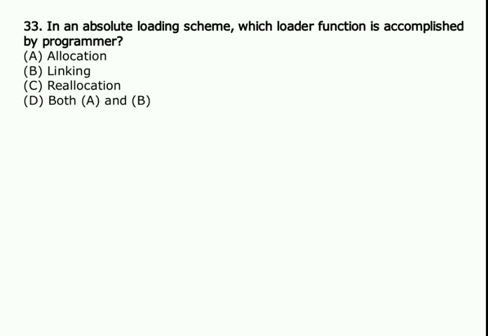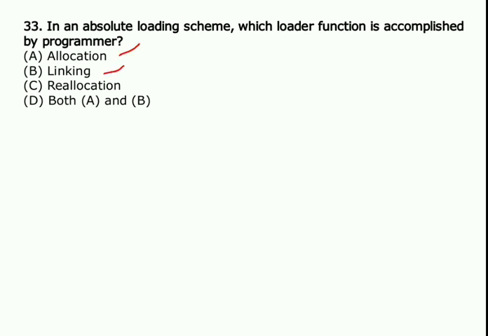In an absolute loading scheme, which loader function is accomplished by the programmer? In the absolute loading scheme, the programmer is responsible for providing the absolute address at which the program is loaded into main memory. This means the following task must be done by the programmer, that is the allocation and linking.